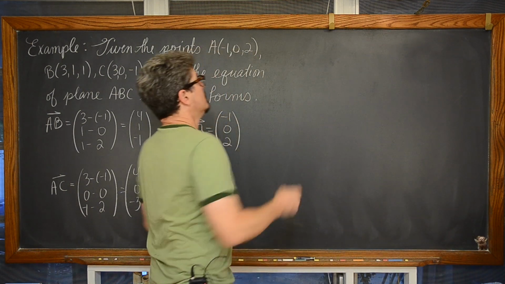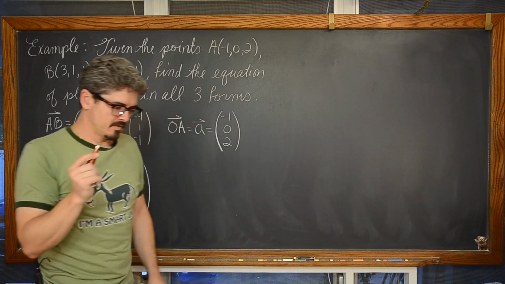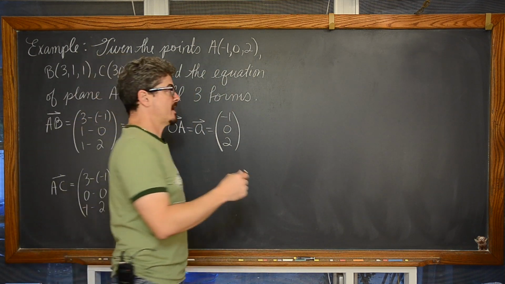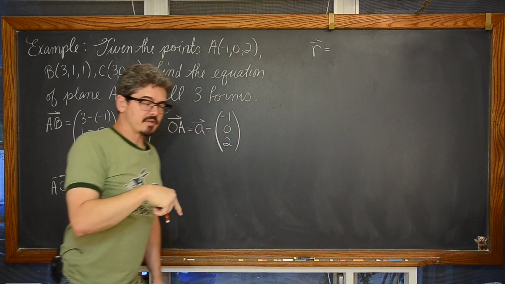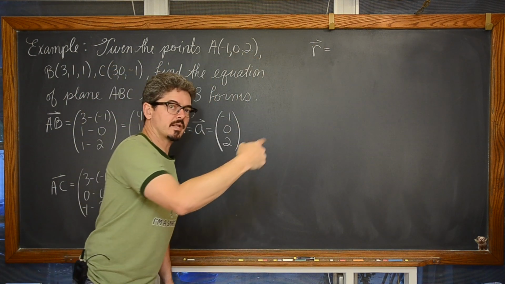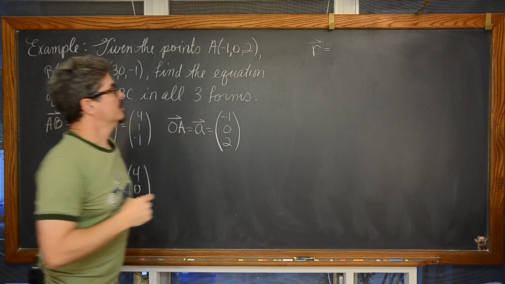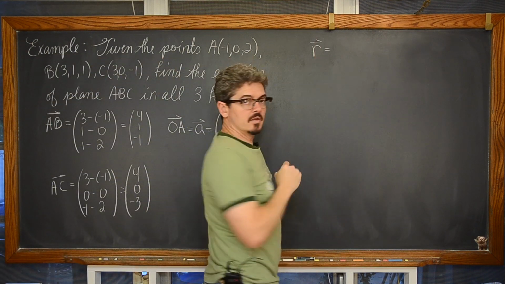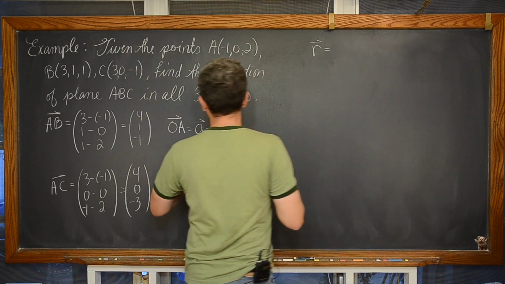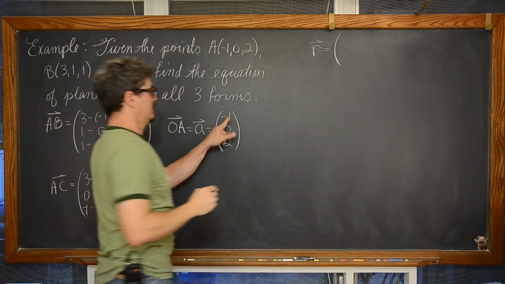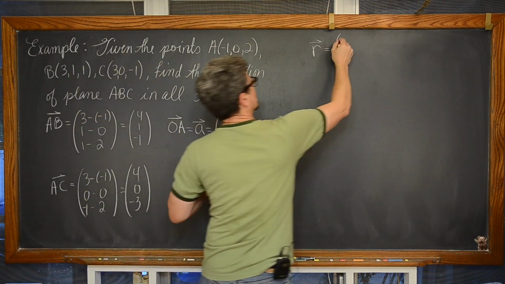And we have the equation of this plane ABC in vector format is vector r. The position vector for any coordinate r that's in the plane is equal to your initial point, or your one point that you know is in the plane. All of these are in the plane. We're going to use A, so negative 1, 0, and 2.